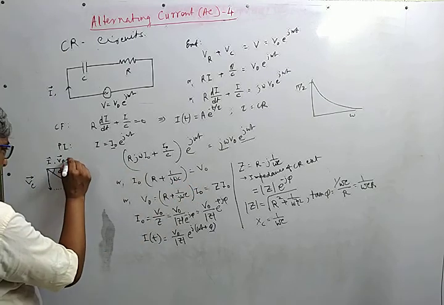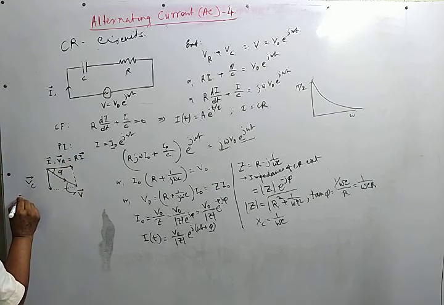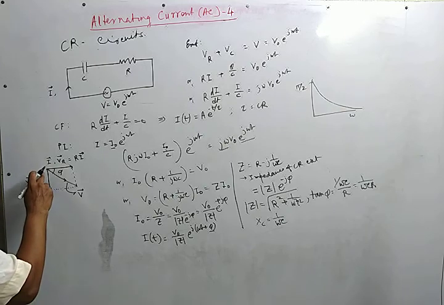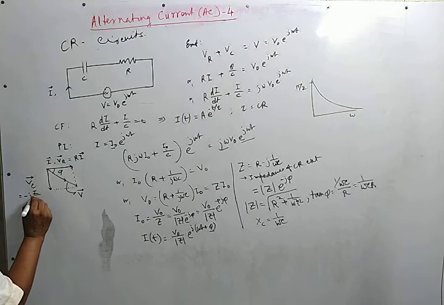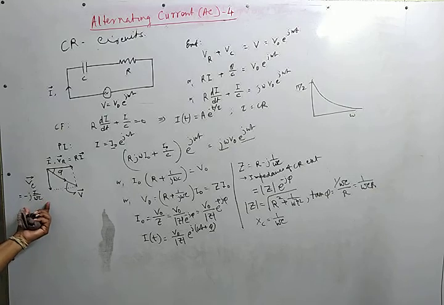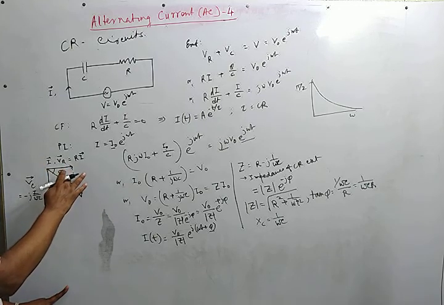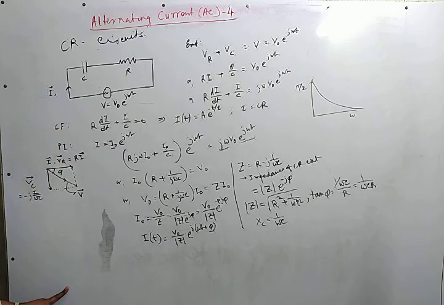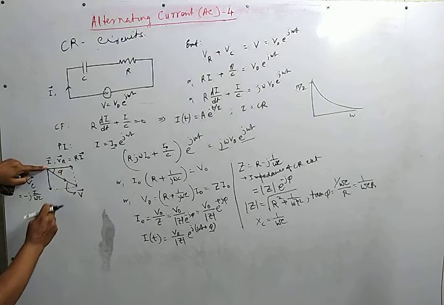Now you see that this magnitude is R times I, and this magnitude is Xc times I, where I am neglecting the negative sign because I have already drawn it in this direction. As omega tends to 0, this part is very high, and the phase angle is pi by 2, because this vector then becomes almost parallel to this, and this is the angle phi.